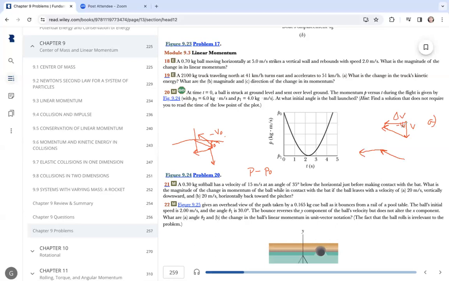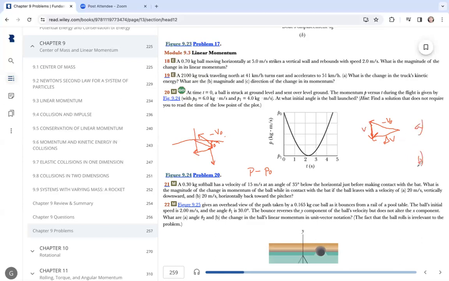Hang on, I may not have drawn this first one correctly. So in part A, that is negative V naught, and V, there we go. We need to do them tip to tail, right? That's V final. So delta V is like that, okay? Or delta P. So that is part A.